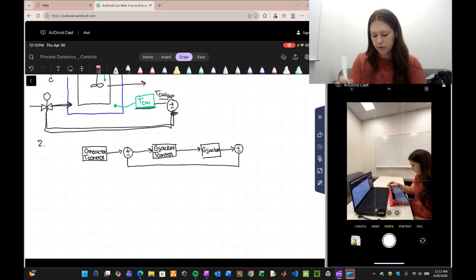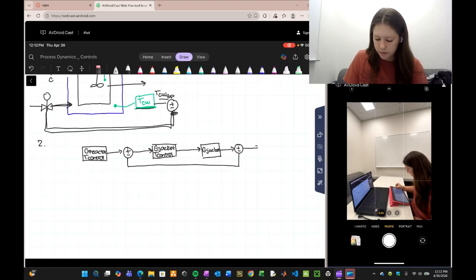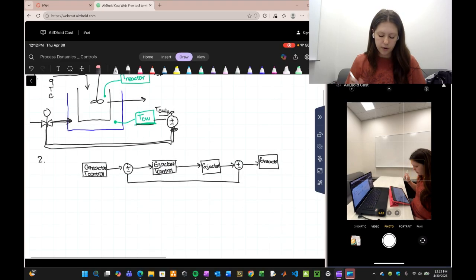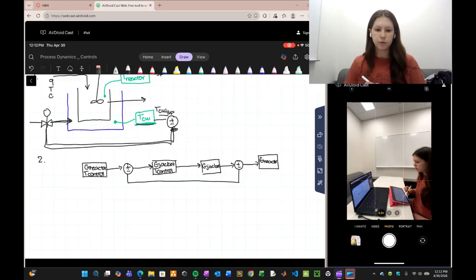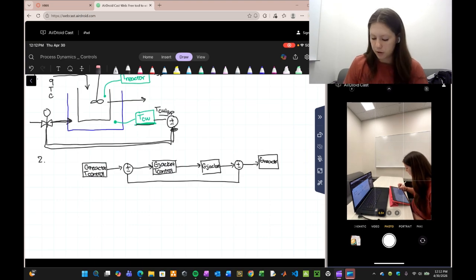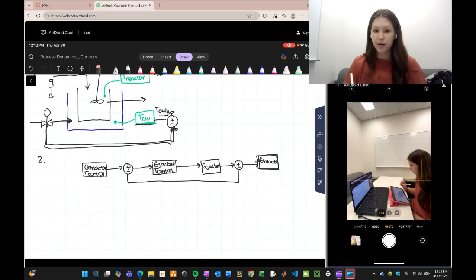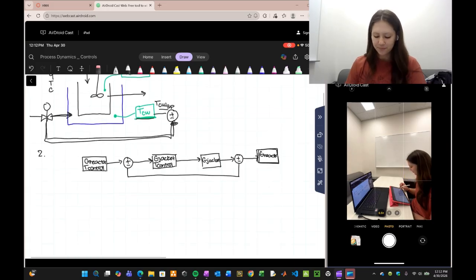And so after that, we will have our transfer function of just our reactor. So we have our reactor temperature control, which then goes into our jacket control, which is kind of in the middle there. And then we get to our transfer function of just our reactor over here.